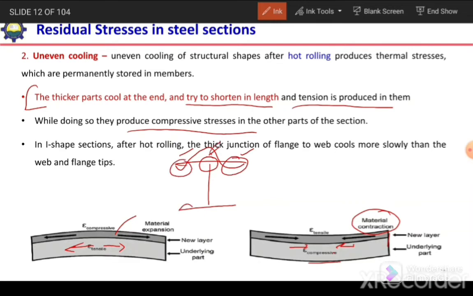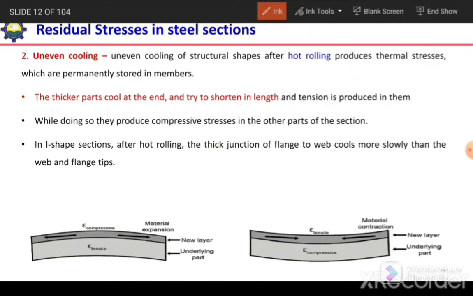Similarly over here, this portion in tension and this portion in compression. So the thicker portion which cools at the end will try to shorten, and as a result tension will be produced in that portion, while the adjacent portion will undergo compressive stresses.